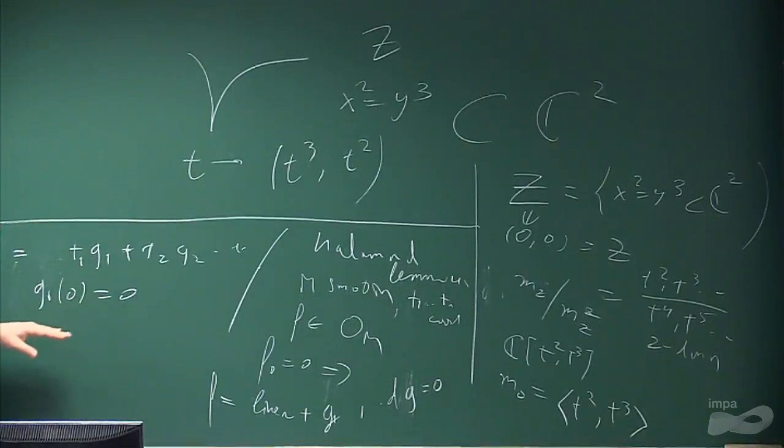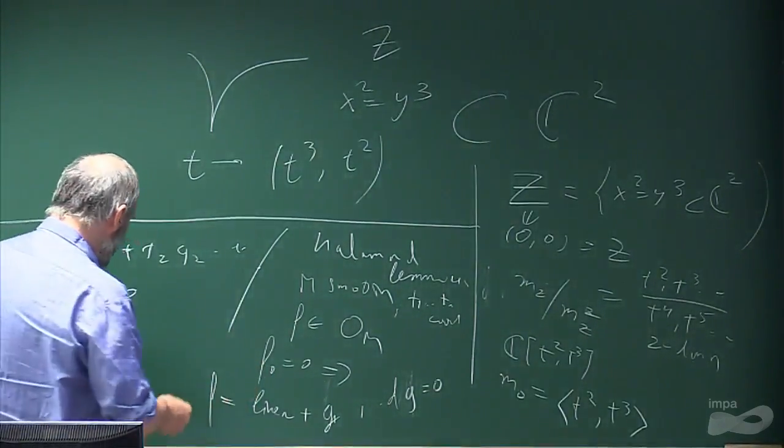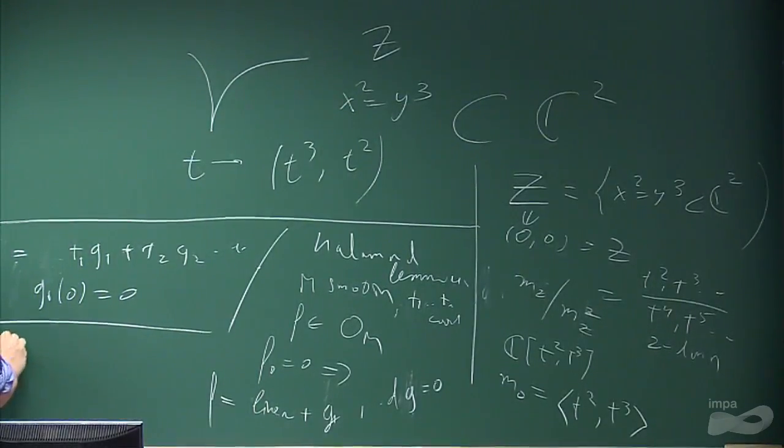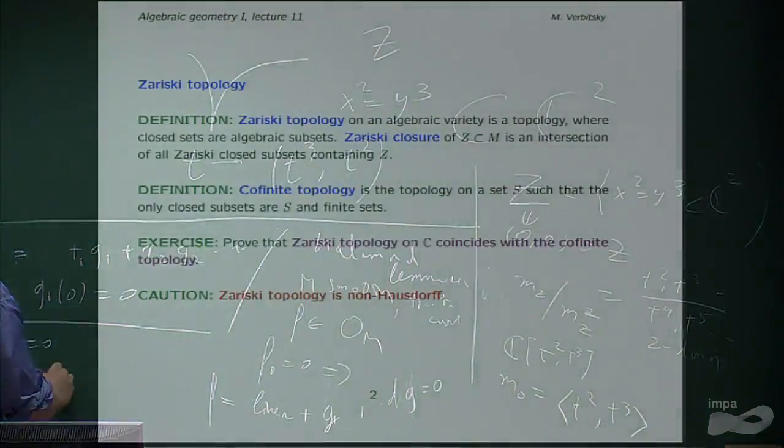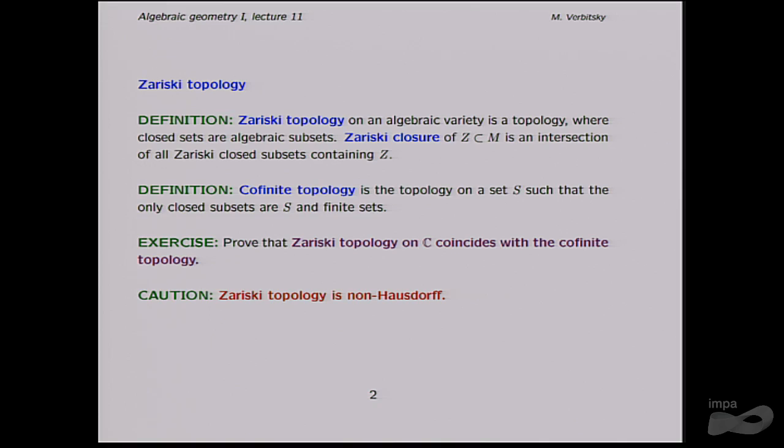But from this argument, we obtain that if f of 0 is 0, it's in the maximal ideal, then f is linear plus an element of the square of the maximal ideal, because of this linear term, this term which belongs to the square of the maximal ideal.